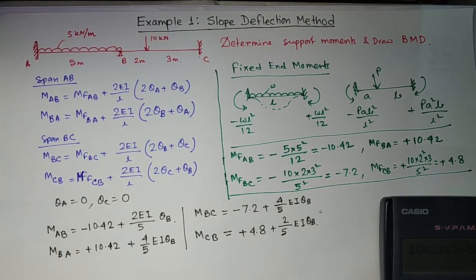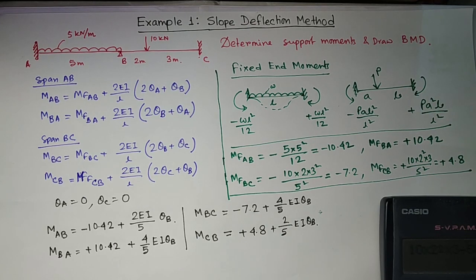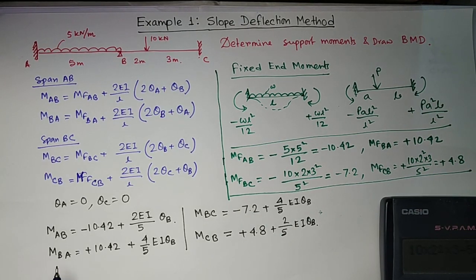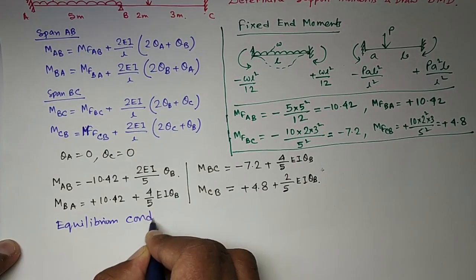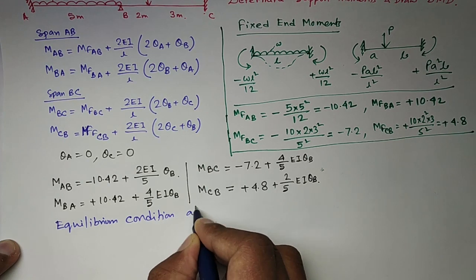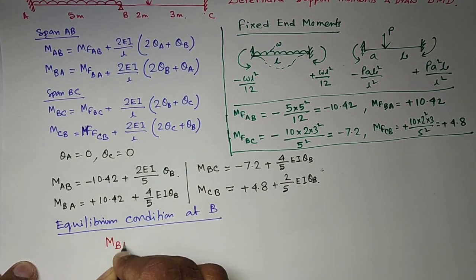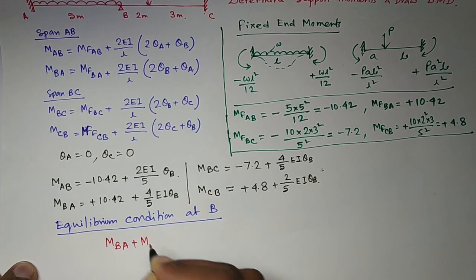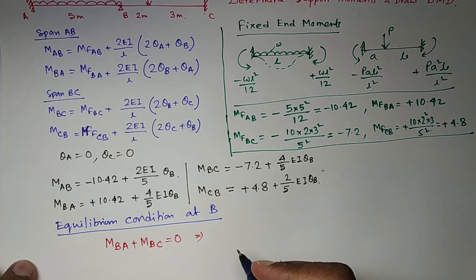And see, for the equilibrium condition at B, the moments MBA and MBC will be equal in magnitude but opposite in sign. That means the summation of MBA and MBC will be 0. So for the equilibrium condition at B, MBA plus MBC will be equal to 0.